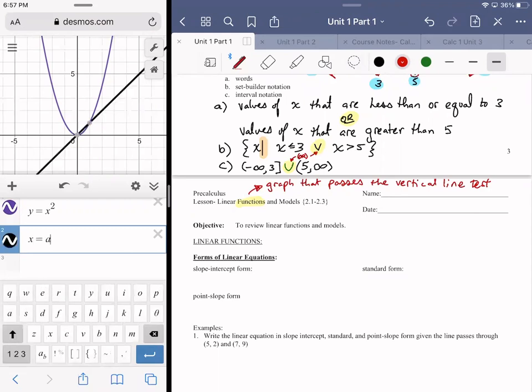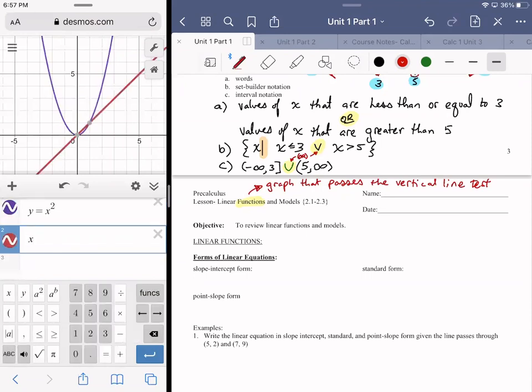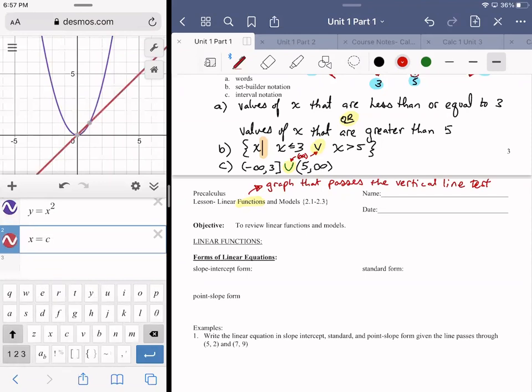Because what I was showing you before is if I use a constant value, right? If I use a constant, oh, that's so strange. I wasn't ready for that. Let me try x equals c. Oh, you know what? Okay, I know what I'll do.